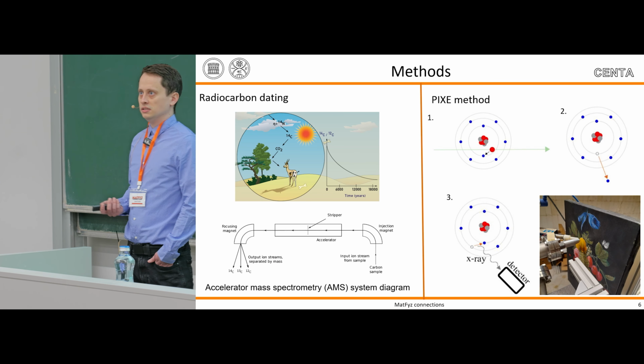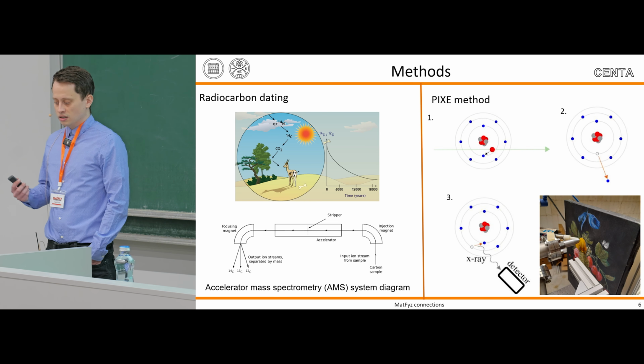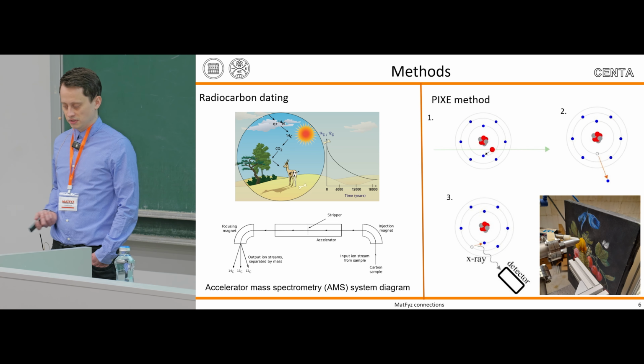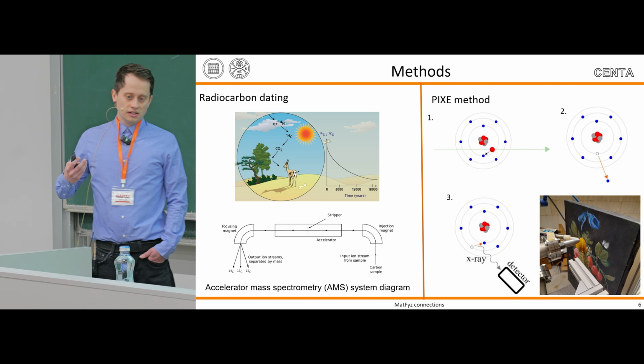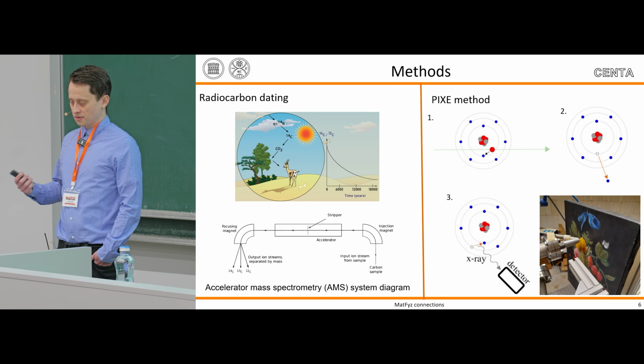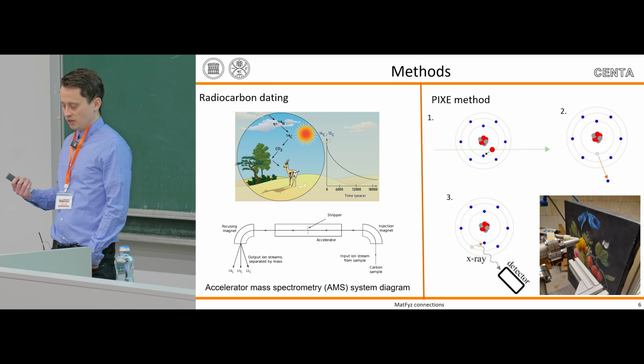Radiocarbon is formed in the atmosphere due to interaction between cosmic radiation and particles in the atmosphere. Then radiocarbon is introduced to living organisms through photosynthesis or ingestion.